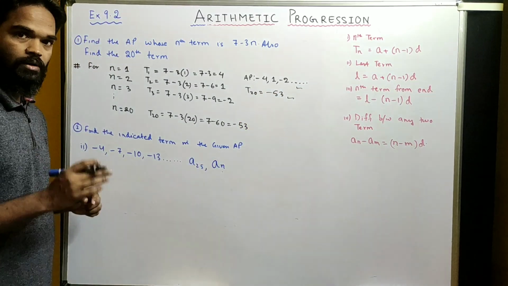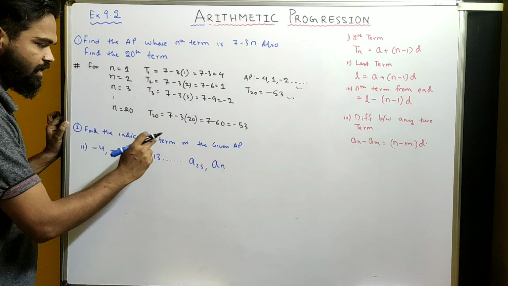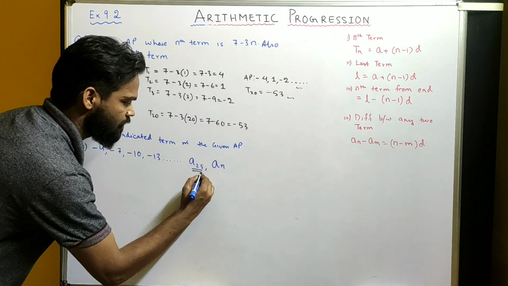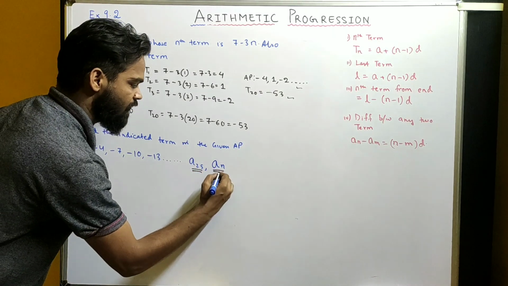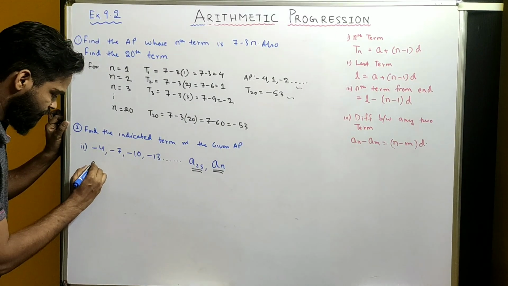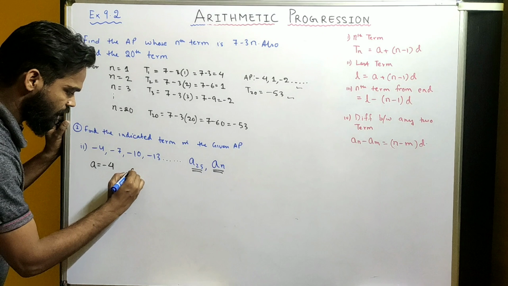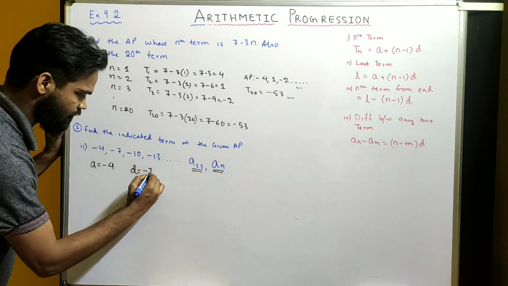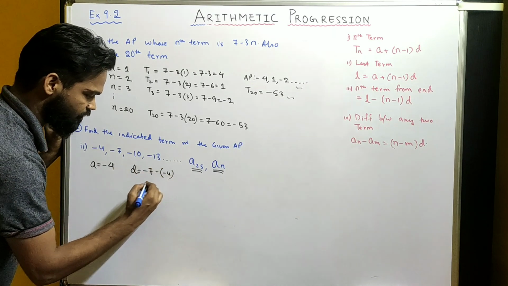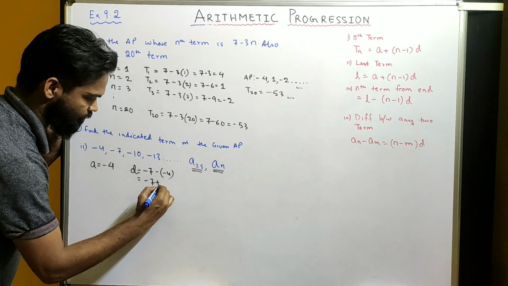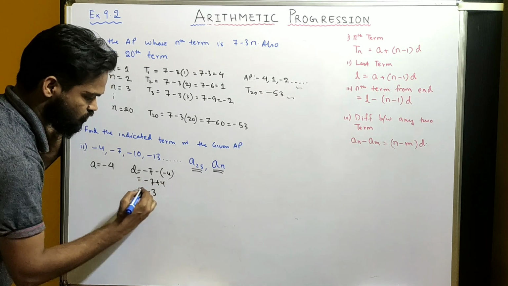Done. Now let us look at part 2. Find the indicated term in the given AP. They want a25 and an. Very simple. The first term of this AP is minus 4, and the common difference is the second term minus the first term, which is minus 7 plus 4, which is minus 3.